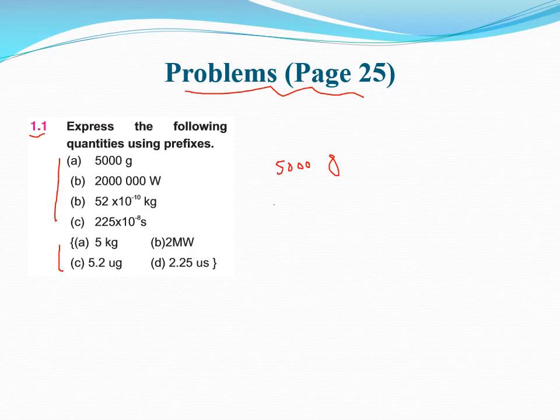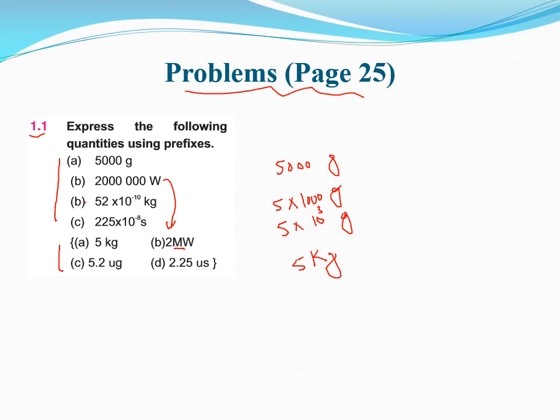This 5000 can also be written as 5 into 1000, and this 1000 can be written as 5 times 10 to the power 3, and this 10 to the power 3 is the prefix known as kilo, so we can write it as 5 kg. Similarly, this B is expressed like this, mega, because mega is 10 to the power 6.